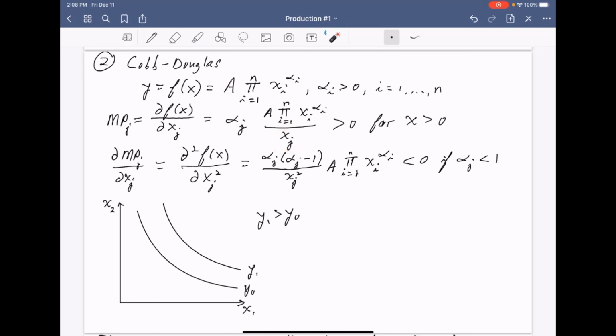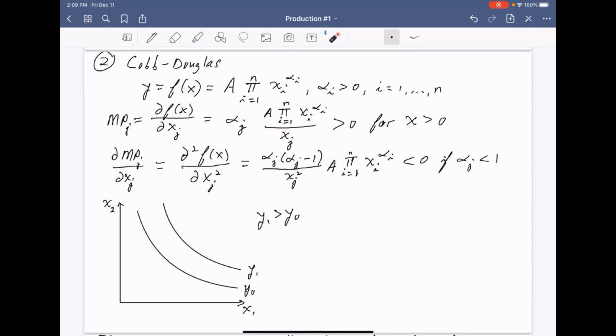So it's alpha j y over xj, and it has to be greater than 0. And we know that because all the alpha i here are positive, this is a positive number, this is our output y, and input xj is positive as well. And we write that as x greater than 0 because we want to avoid dividing by 0.